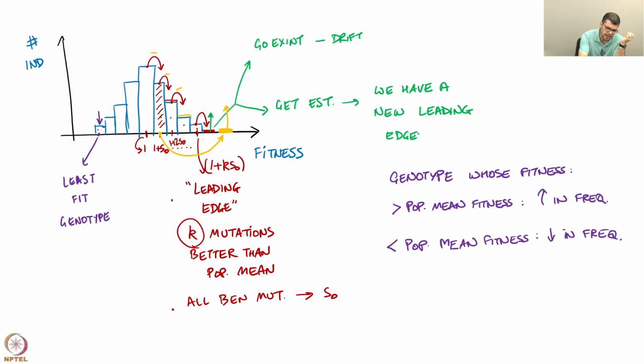So, as of this moment, this genotype here is the least fit genotype in the population. Population mean fitness will be somewhere around here. So, this is way less fit than the population mean, and this one is going extinct.